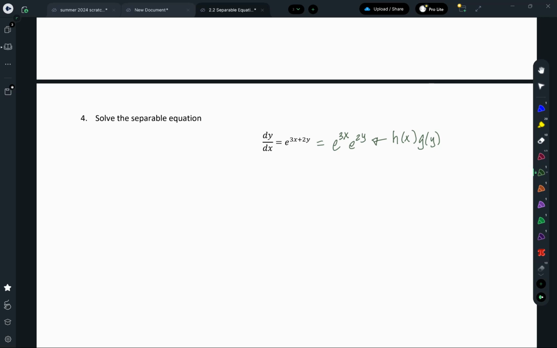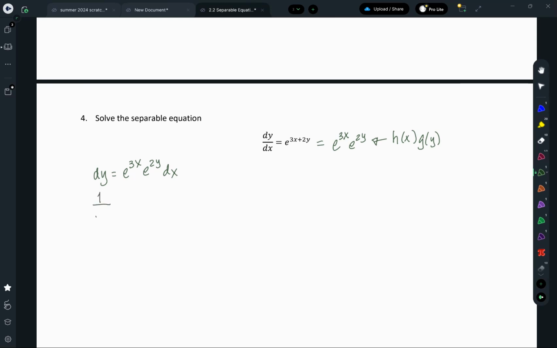The e to the 3x, I'll leave where it is. I'm going to go ahead and start off with multiplying both sides by dx. Okay? When I do that, on the left-hand side, I have dy is equal to e to the 3x times e to the 2y dx. Now I need to get the rest of the y stuff over to the left-hand side, so I can divide by e to the 2y.